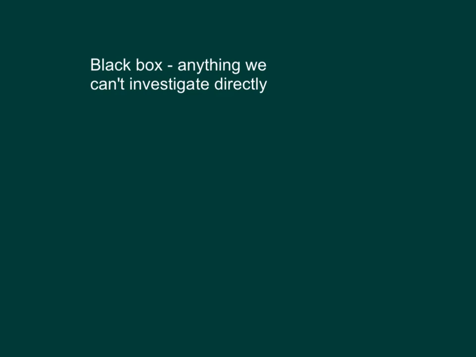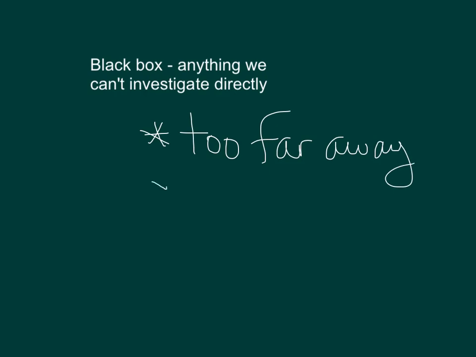And there's a couple of reasons why you might not be able to do that. For example, it might be that the box or whatever it is, the object, is too far away, like the sun. It could be that it's too small, like an atom.